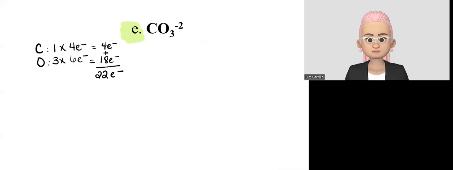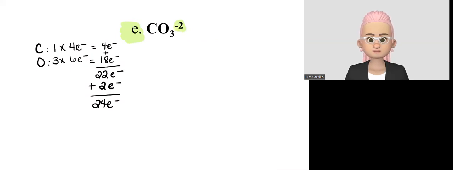Now, since this is a polyatomic ion, and I see that overall there is a charge of -2, that means that to my count of valence electrons, I'm going to add 2 electrons. So in this chemical formula, there's a total of 24 electrons available for bonding. So that was just the little bullet point on rule number 1, and this is how you apply it.